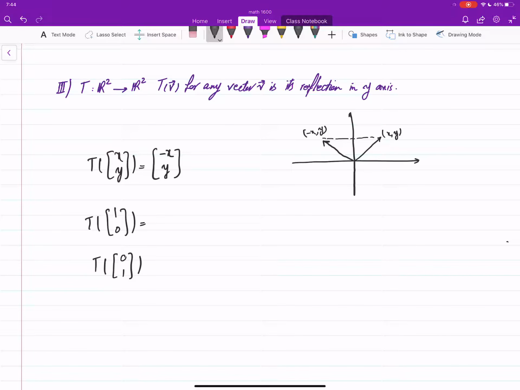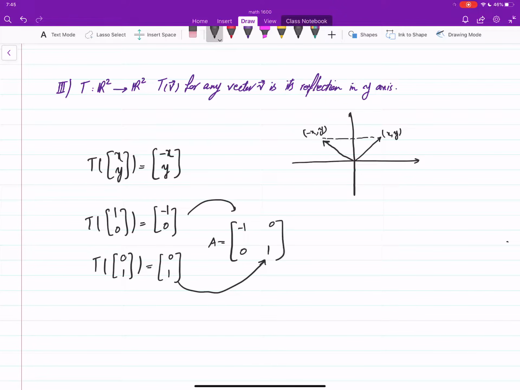So we need to find T of 1, 0 and T of 0, 1. What does T of 1, 0 give us? This is negative 1, 0 and this is 0, 1. Put this in the first column, negative 1, 0. Put this guy in the second column, 0, 1. That's the matrix.